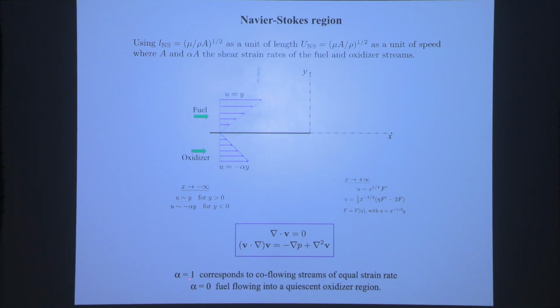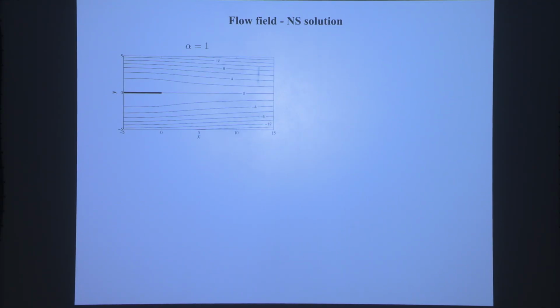Remember that I said there is one parameter, which is alpha, but it comes from the boundary condition, from here and here. So remember I said alpha equal to 1 corresponds to a co-flowing stream. Alpha equal to 0 corresponds to just a stream of the fuel, and the oxidizer is entrained, and anything in between is different streams. Okay, and so this is a picture of the flow field.